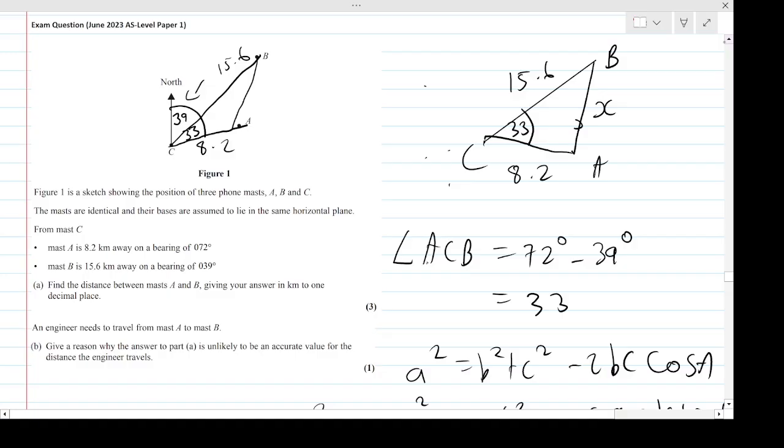Are you likely to be going in a straight line? No. There could be bends in the roads, you might have to take detours, and things just won't be in straight lines, right?